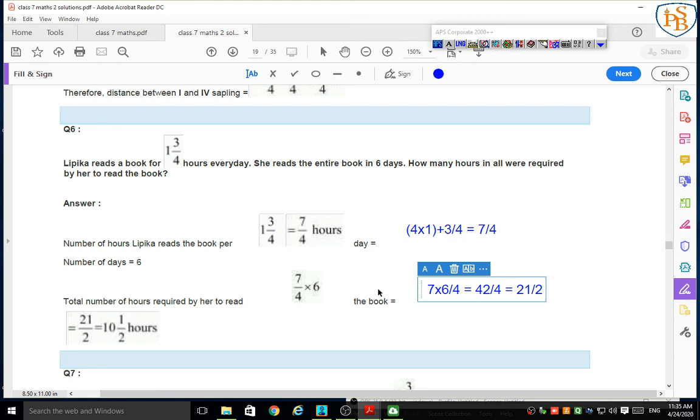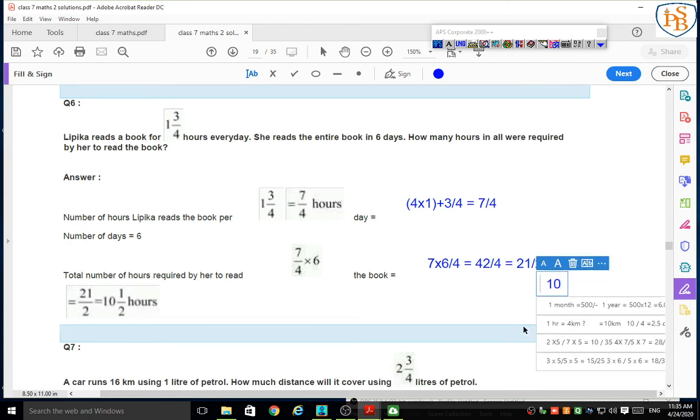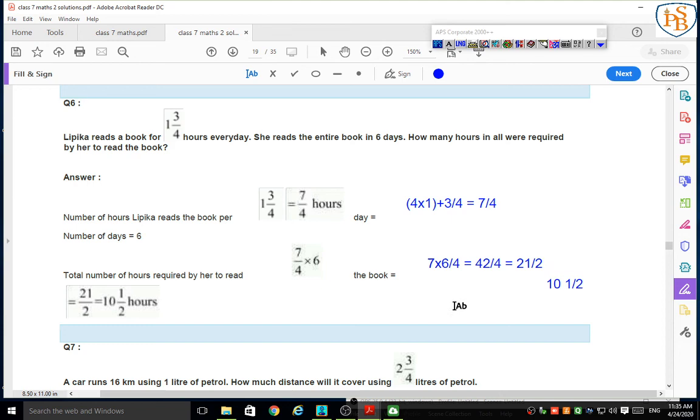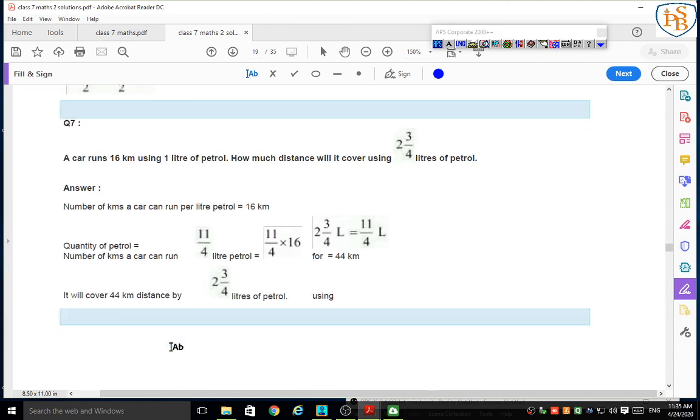As per our divisibility test of 2, we get 21 upon 2, and we have to convert it into a mixed fraction. So my answer will be 2 tens are 20, so 10 and 1 upon 2 hours. Do you get this?